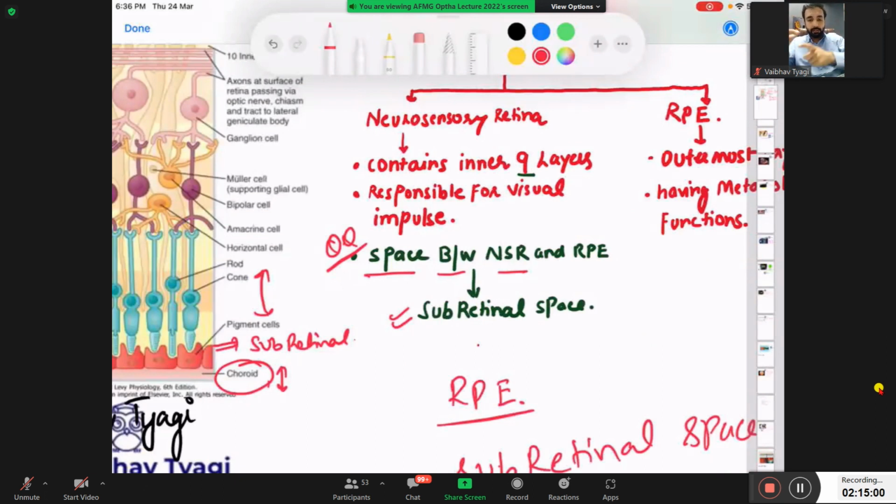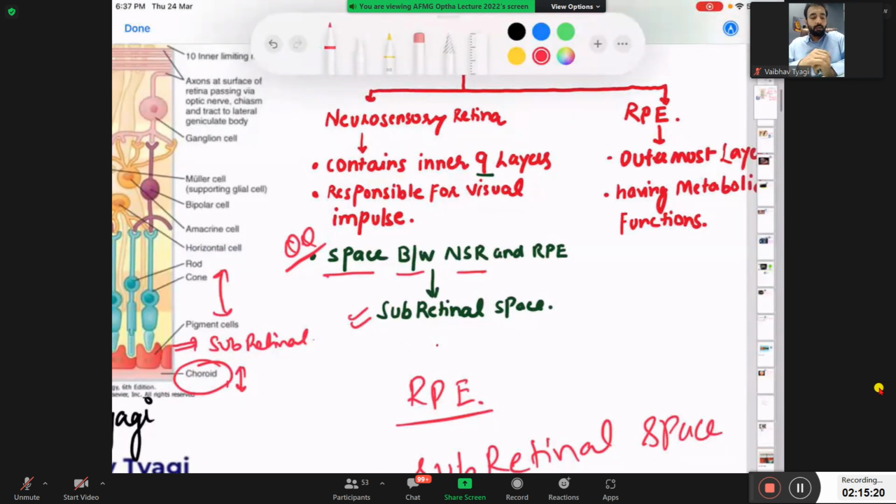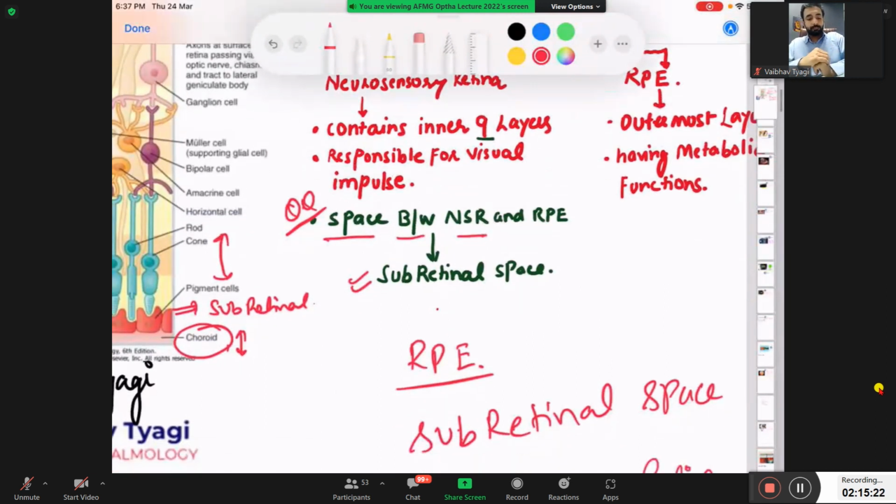What is subretinal space? What is the location of subretinal space? What is neurosensory retina? The 9 layers of retina are called neurosensory retina. Outermost layer is called RPE, retinal pigment epithelium, which is having metabolic functions. Clear or not clear?